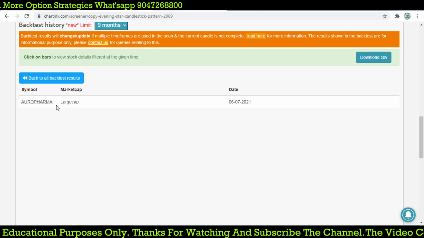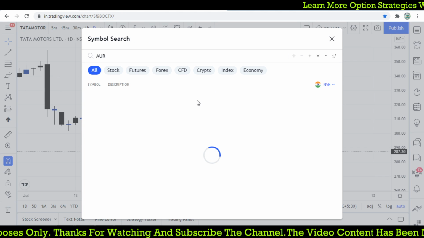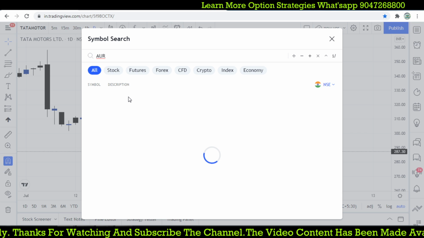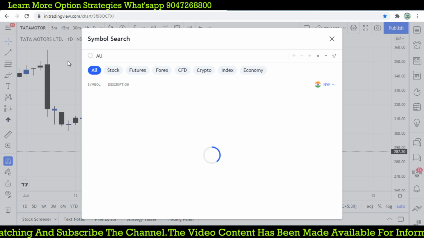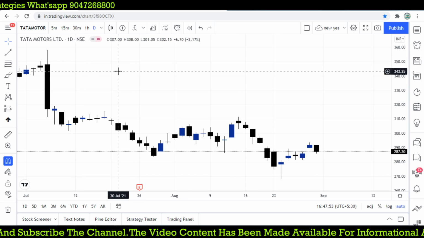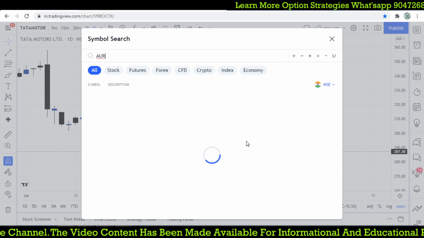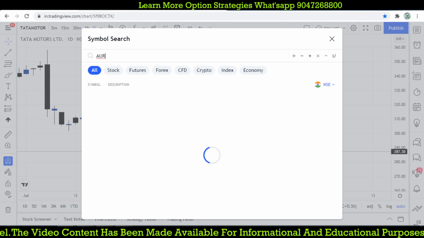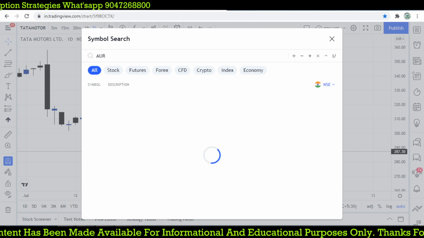Aarti Pharma. Okay, 6/7, Aarti Pharma. Let's go to Aarti Pharma, where it forms this exact kind of candlestick pattern. Let me check it out.